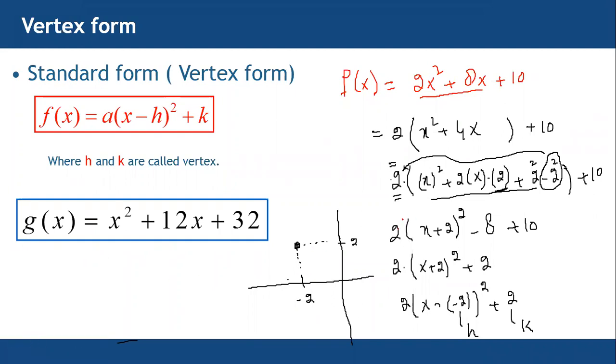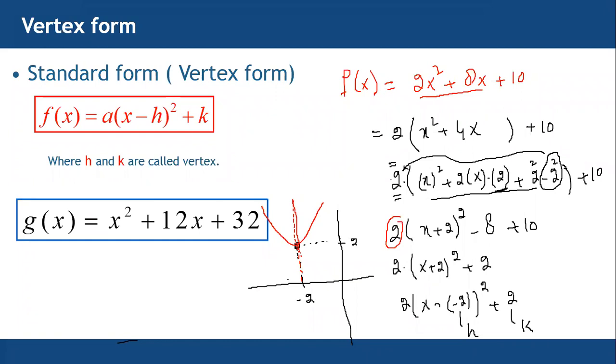It depends upon the a value. Here we have plus 2. Plus 2 means the parabola opens upward. Okay, the line of symmetry, axis of symmetry, is minus 2. The h value is called the line of symmetry or axis of symmetry.